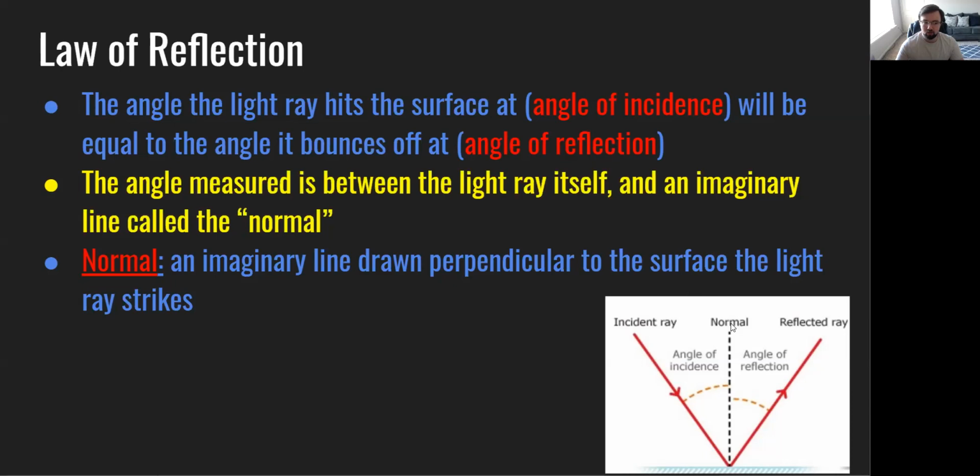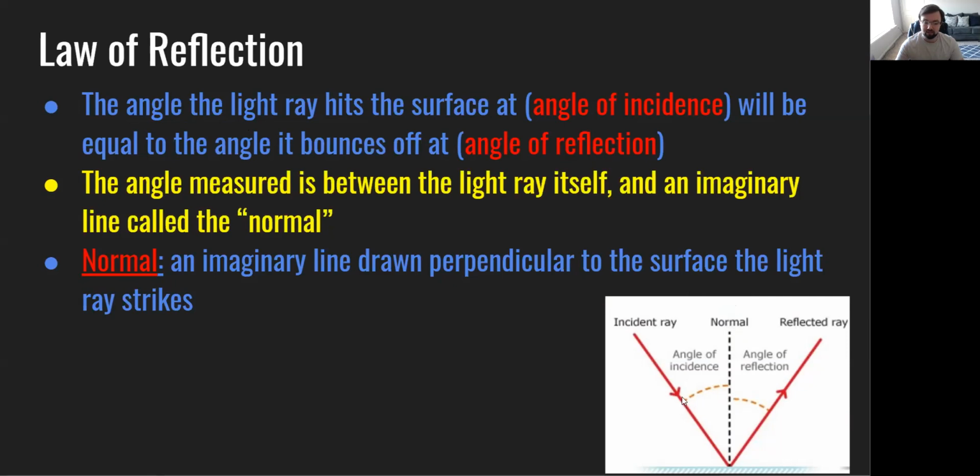To measure this angle, we draw an imaginary line called the normal, and it's perpendicular to the surface the light is hitting. The surface is down here at the bottom, so you would draw a line perpendicular to that. Remember, perpendicular means a 90-degree angle. So we have this imaginary line called the normal. And the angles we're talking about are from the ray to the normal.